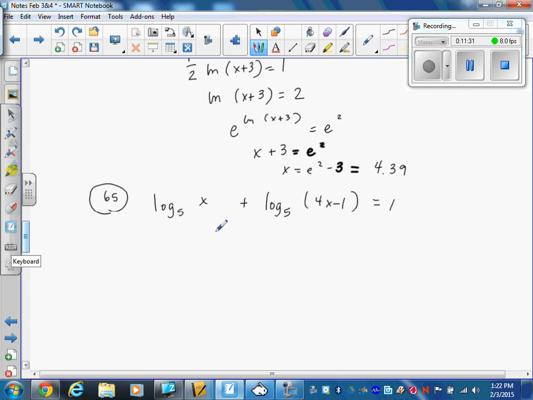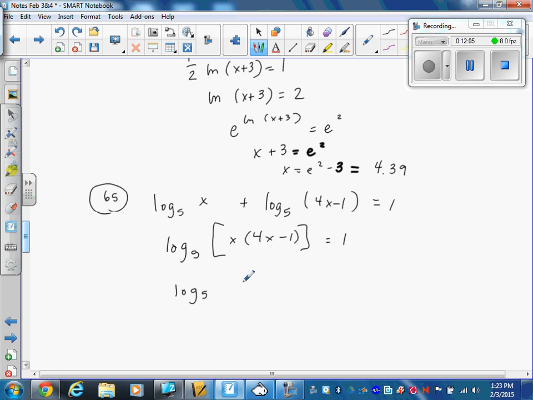Okay, this is why we had to learn expanding and condensing, because you have to write them as a log of one expression before you can use the logarithm property. So if we're putting this together, this becomes log base 5 of x times 4x minus 1. So just for simplicity's sake, I'm going to multiply this out.